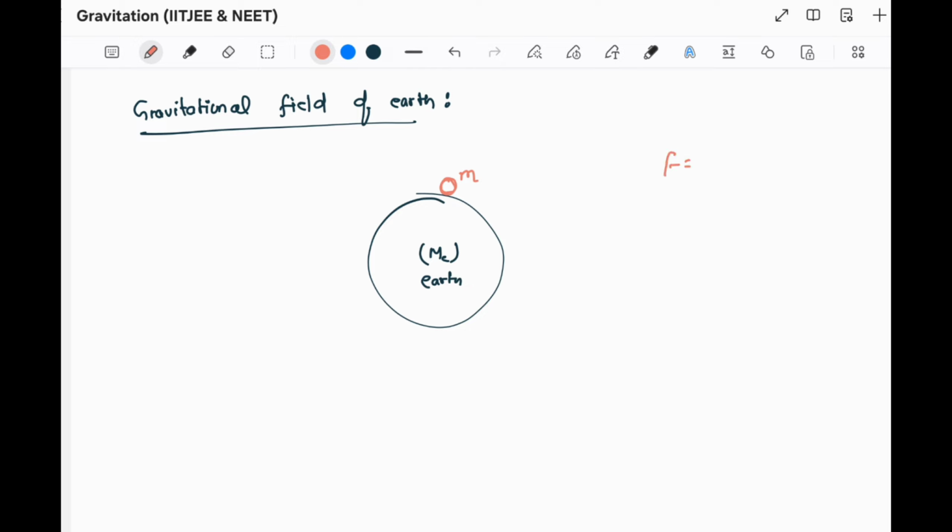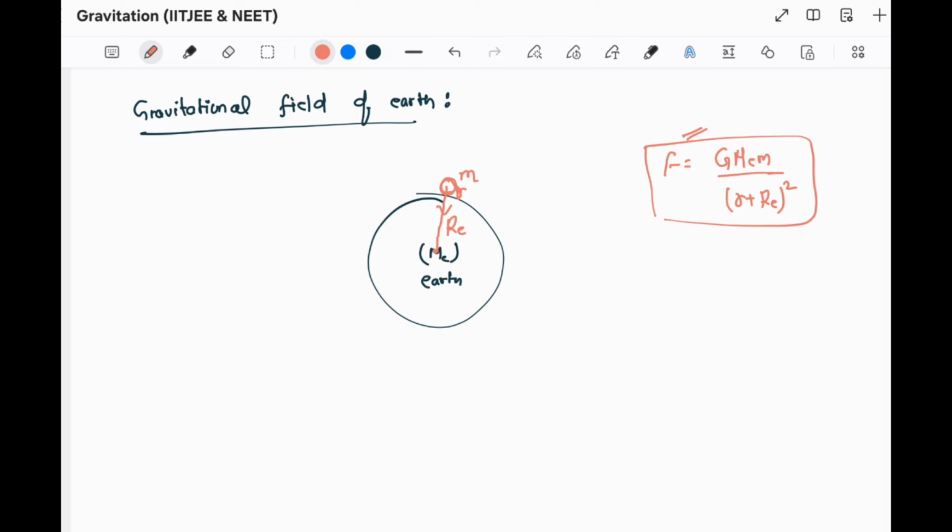The force value will be G, mass of Earth, mass of object, over the distance between them squared. The distance is the radius of Earth plus the height, so to be precise I should write (r plus re) square. Earth will attract every object kept on its surface with this much force, towards its center.